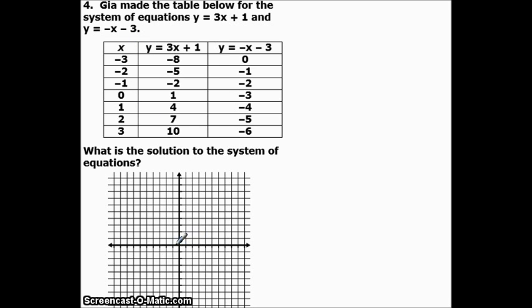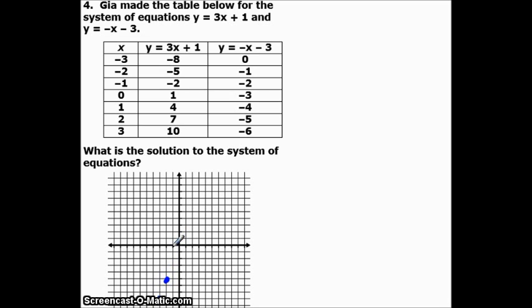So it's going to be negative 3, negative 8. Negative 2, negative 5.